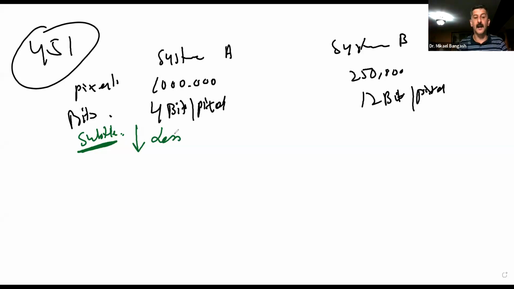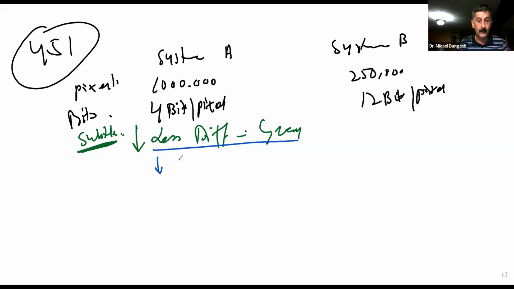But what is it that they're asking about? It's subtle differences in the grayscale. So less difference in the grayscale, which so far we have mainly translated as less contrast.